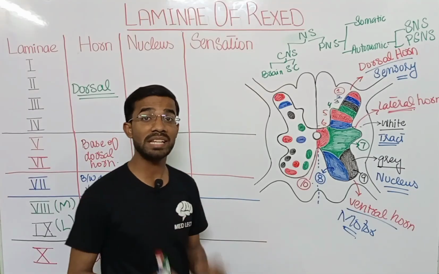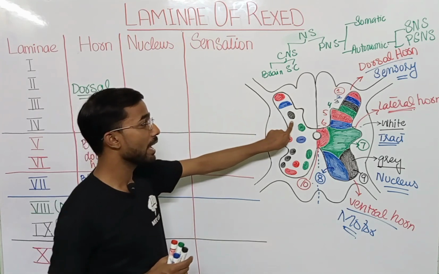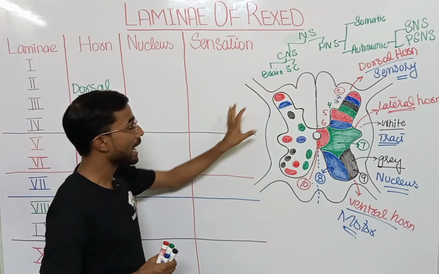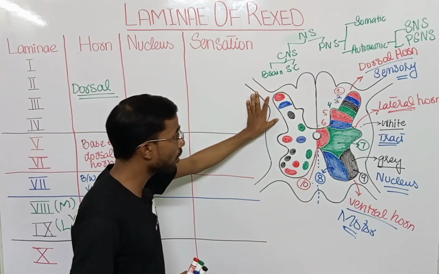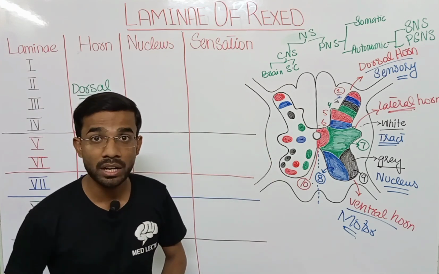Okay, in the previous lecture we discussed the different nuclei that are present in the gray matter. At the dorsal horn, at the lateral horn and at the ventral horn you will see different nuclei.